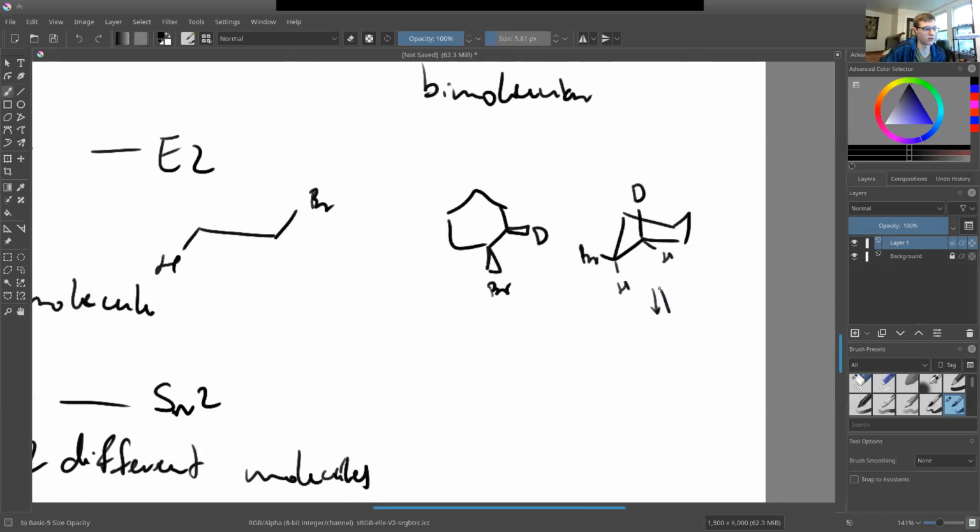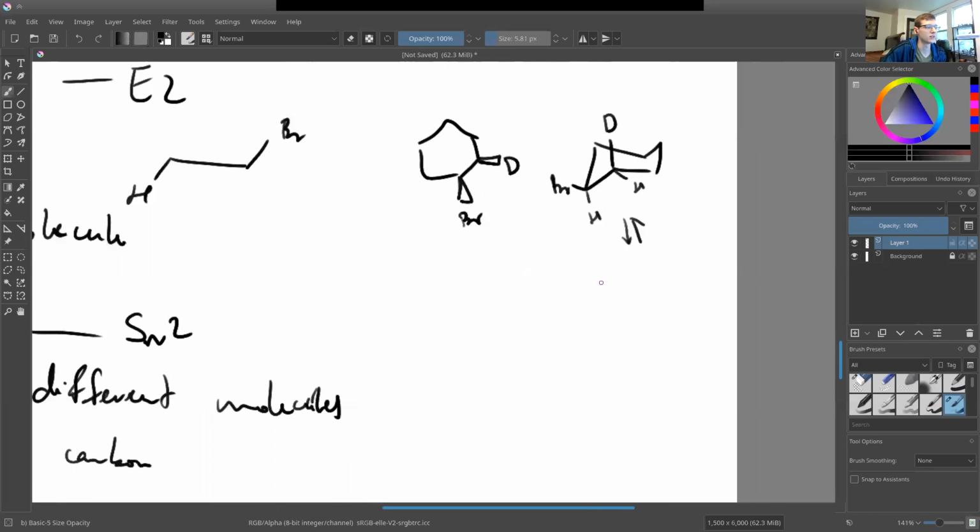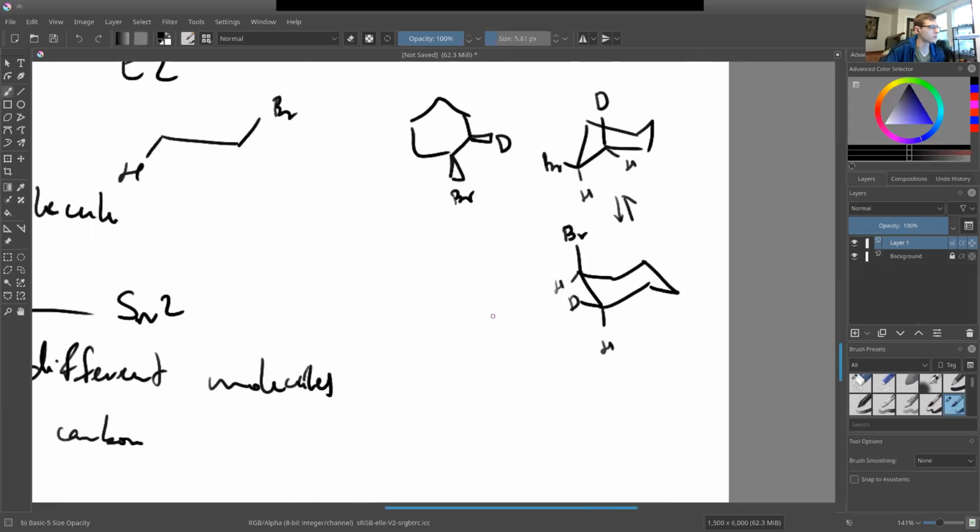That means we're going to have to do a ring flip, right? And I drew it this way, so I have to draw it flipped in the middle. There we go. Okay, so the bromine's sticking up, and the hydrogen is sticking down. The deuterium is up.